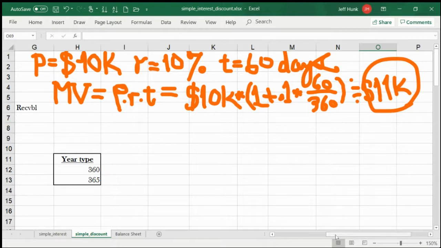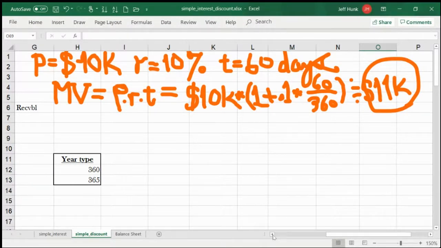Okay, makes sense? That process is called discounting. Because the maturity value was 11K, but they discounted it to 10K and just gave 10K to the seller.